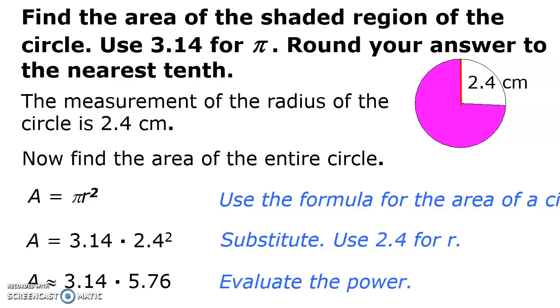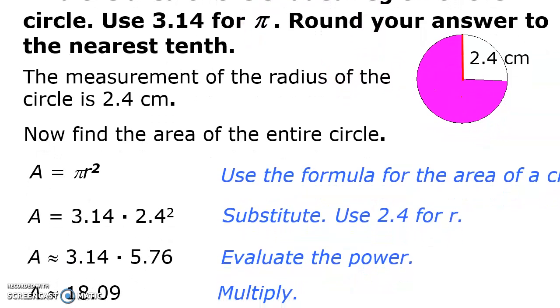And when we plug and chug, we get 18.09. So the area of the entire circle is 18.09 centimeters squared. We only want 3/4 of that circle.